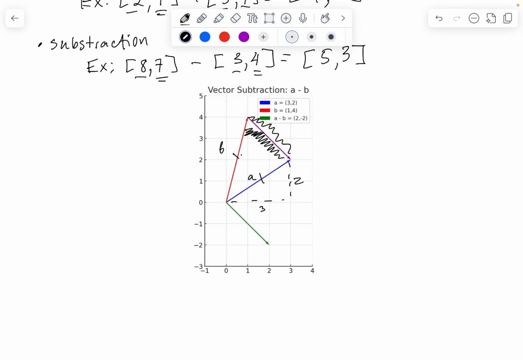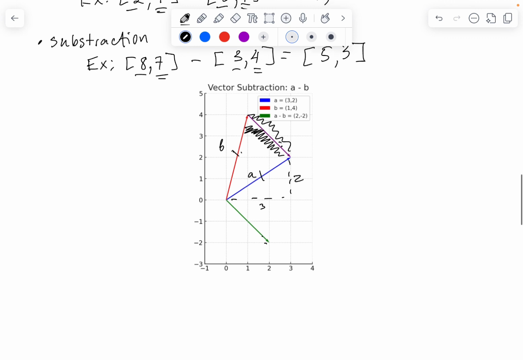So the difference in space between a and b is a subtraction. And they also show it here as a green line, which still is the same. It has the same length and property as the purple line. They just show it to see it better.